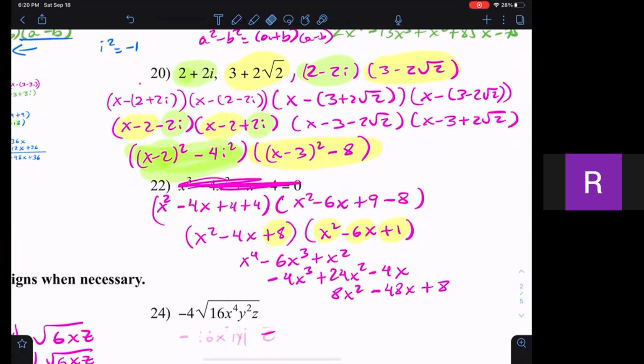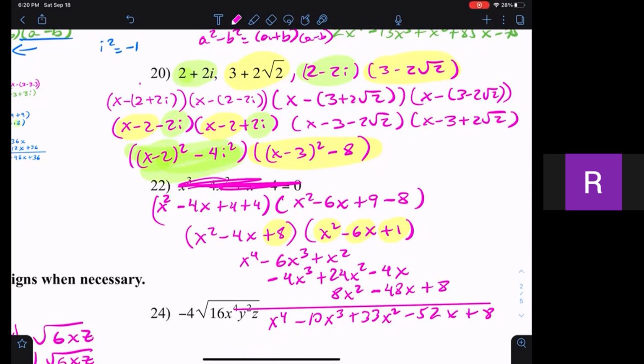Now you need to add this thing. So that's going to be x to the 4 minus 10x cubed plus 33x squared minus 52x plus 8. And that's the answer for that one. Okay. Double check. That was number 20. That's the answer.